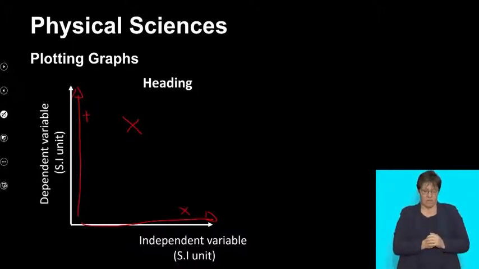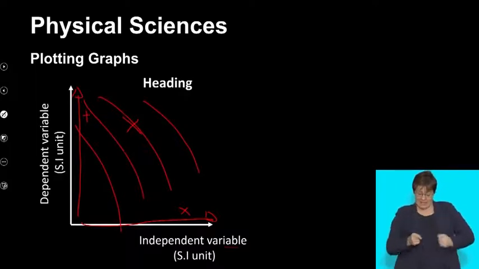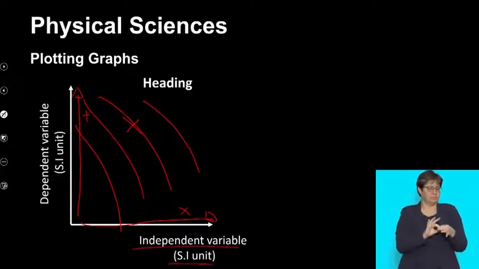And that's what we're going to be looking at in terms of the area that the graph occupies. The independent variable, with an SI unit attached to it, is the one that you would control in an experiment. And because it's the independent variable, I want you to understand it's always written on the horizontal axis.